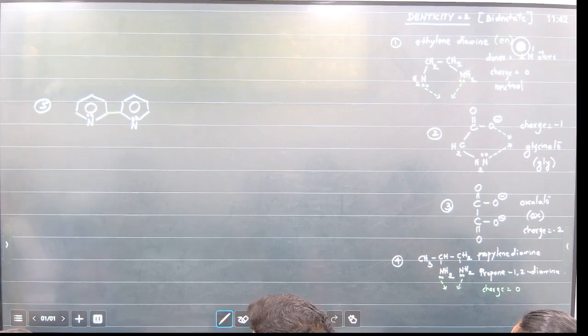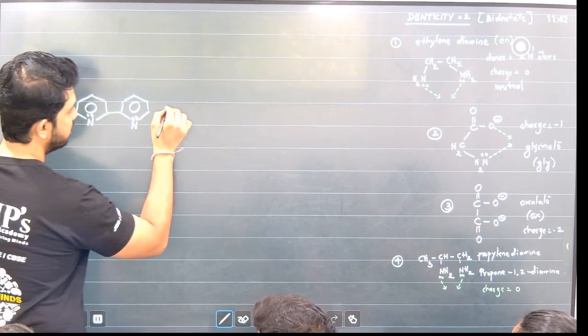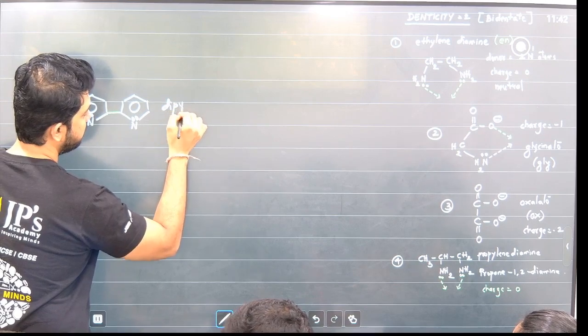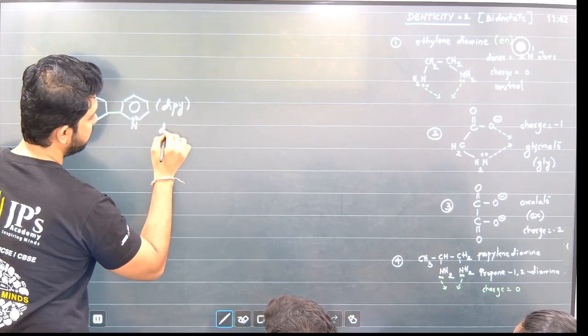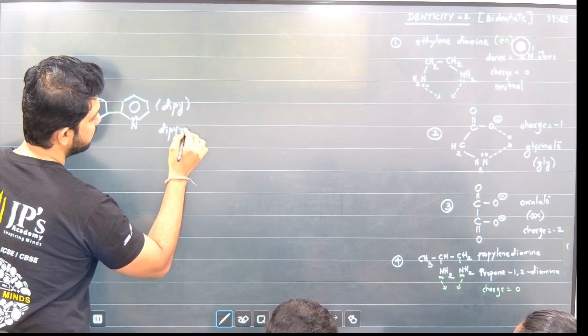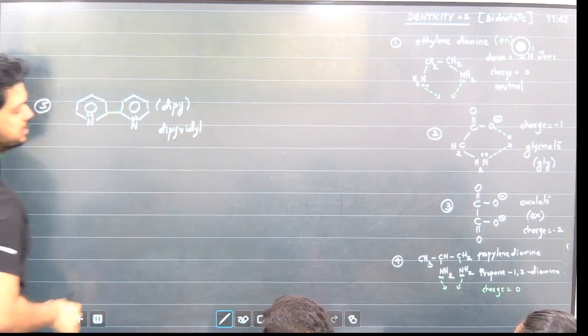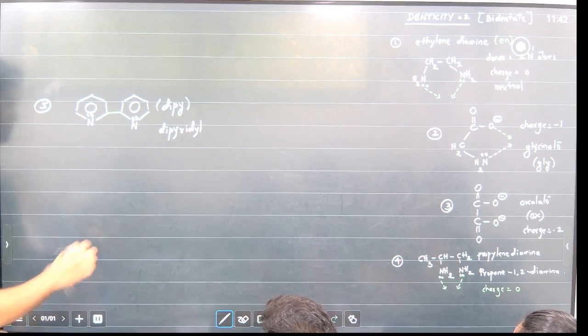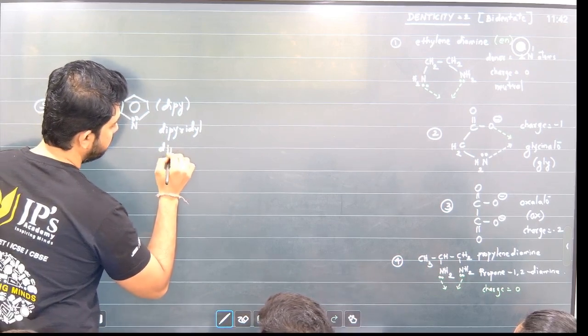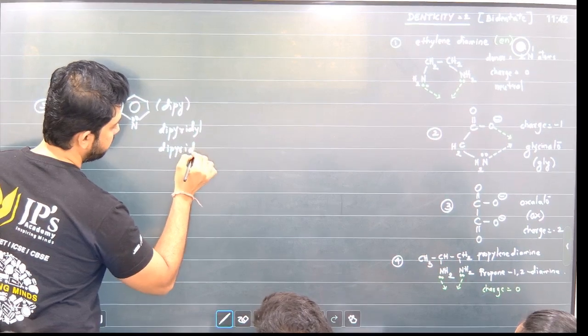Anyone? Dipyridine, DIPY or bipy. Also write as dipyridyl, ठीक है? Or dipyridine. Which are the donor atoms here?